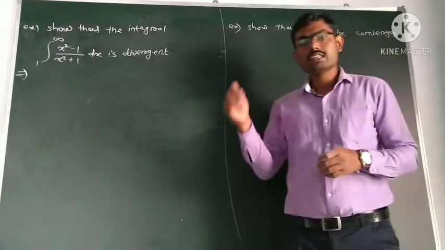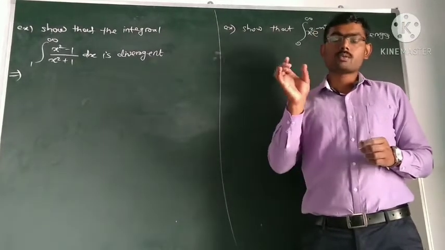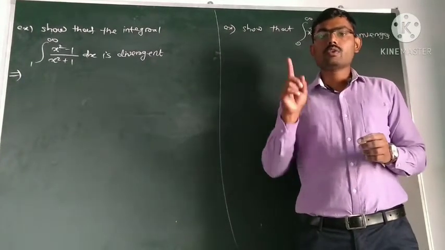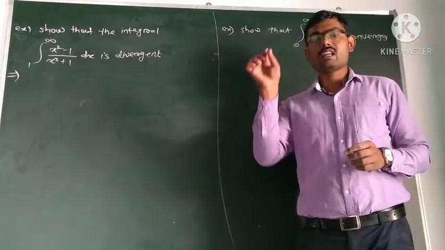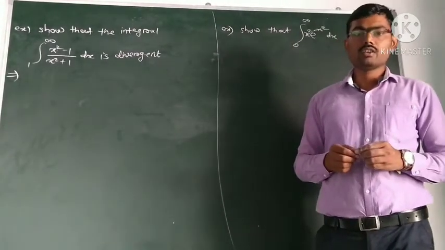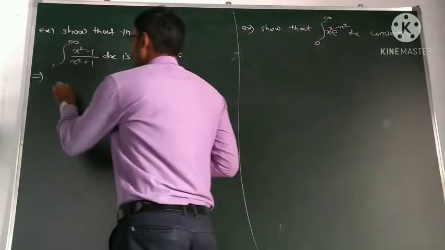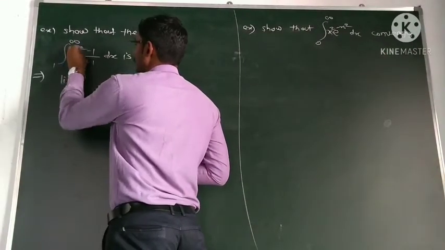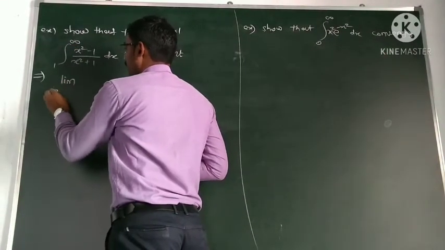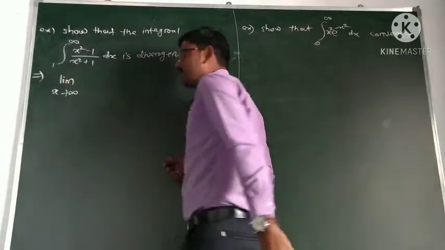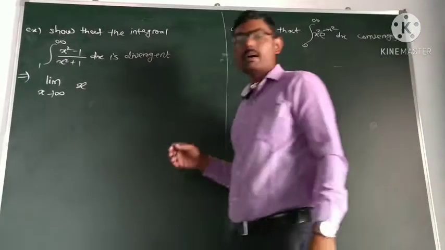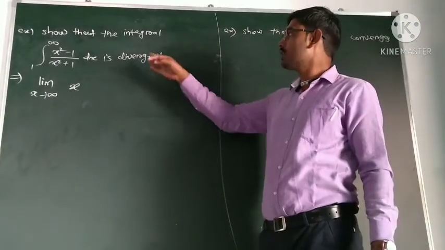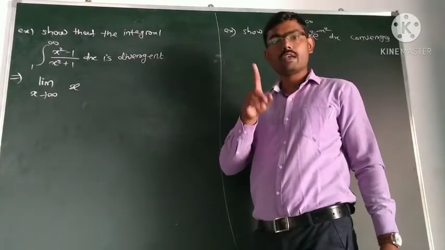Now we have seen in the limit test that to show some improper integral is divergent, we have to take the value of p as 1. So we take the limit as x tends to infinity of x to the power p into f of x, and since we have to show the integral is divergent, we take p equal to 1.